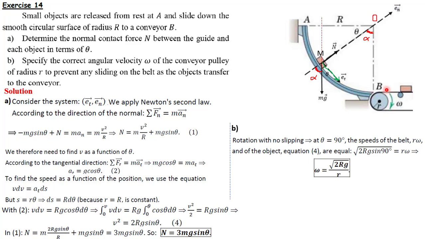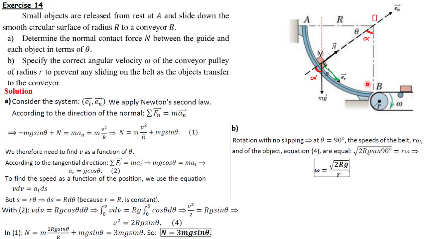So the mass can experience a change in speed, and maybe there will be a certain sliding on the belt due to this change in speed. So the question is, what is the particular value of omega to prevent any sliding on the belt? What is the angular velocity omega in order for the objects to transfer easily on the conveyor belt without experiencing any change in their speed?